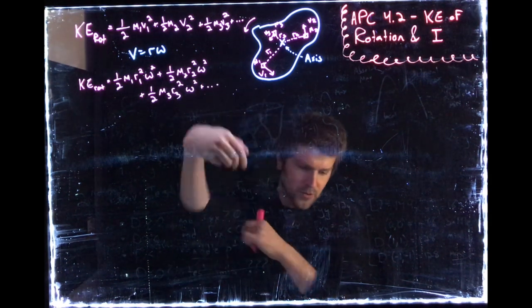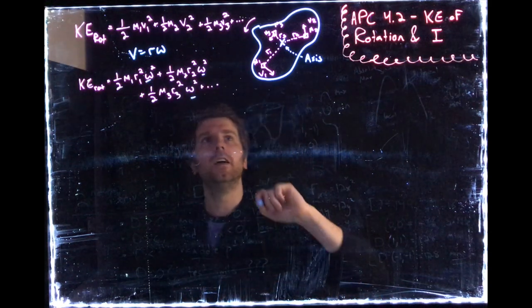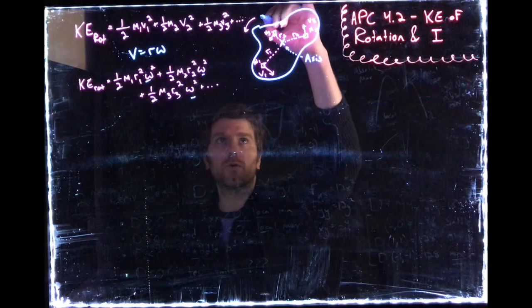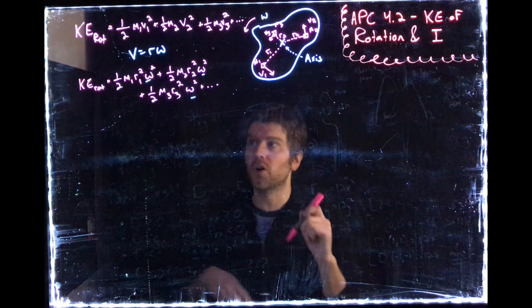Notice, by the way, that I'm using the same omega. It's not omega 1 or omega 2. I've got the same omega everywhere because, of course, we know that on a rotating object, every part of that rotating object has the same omega.